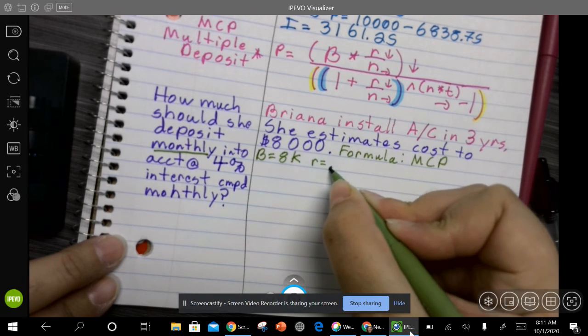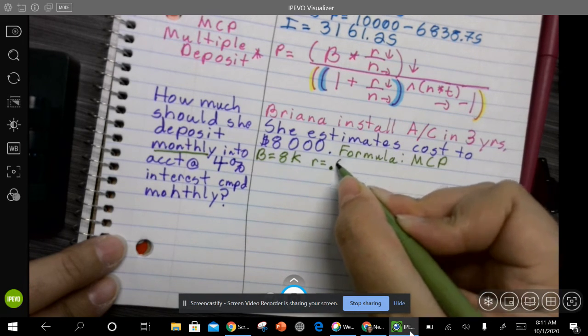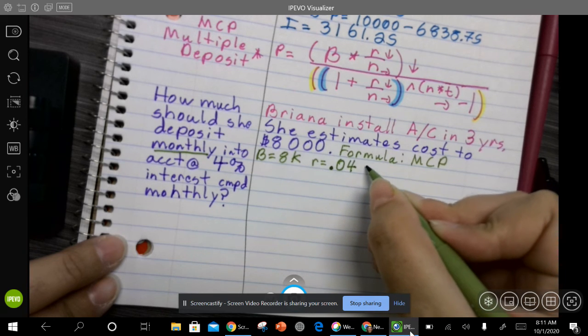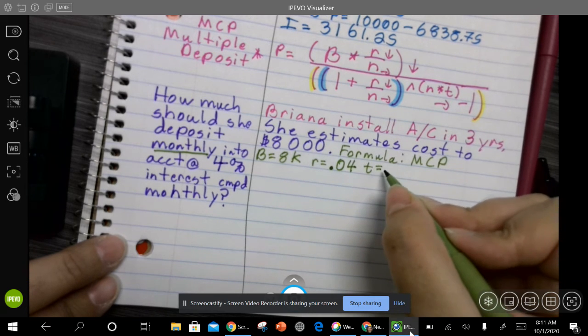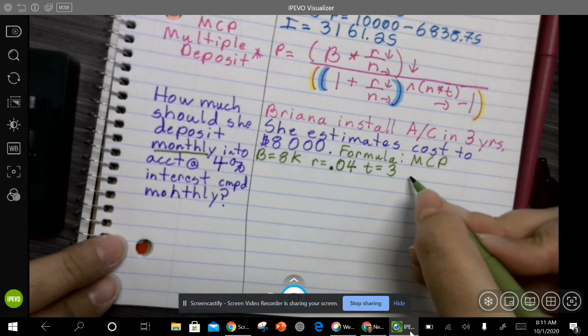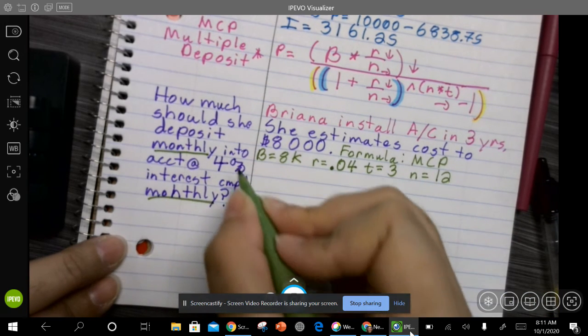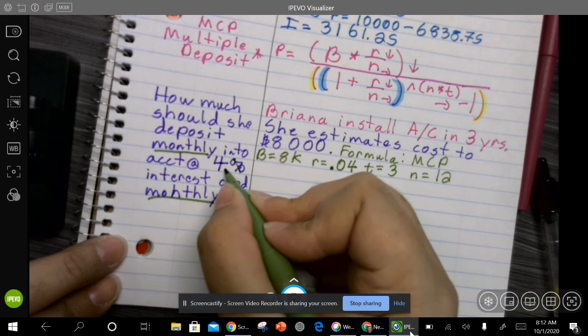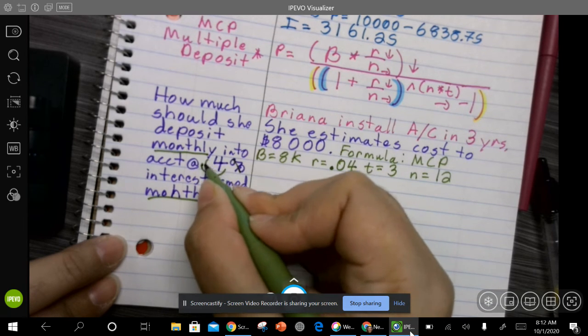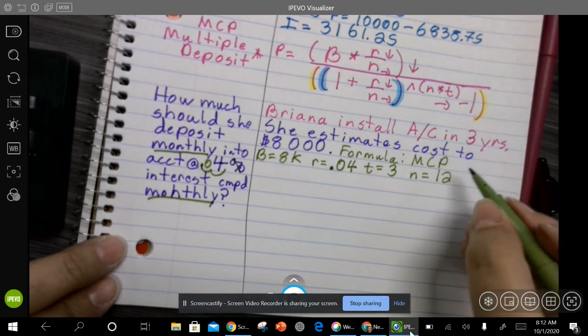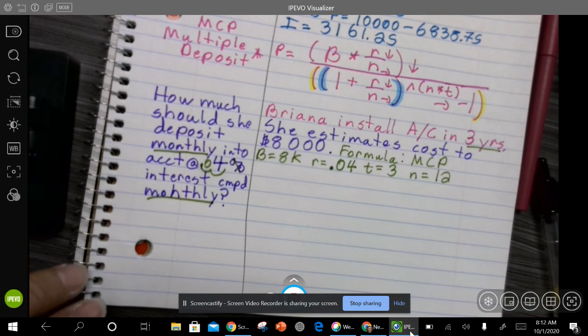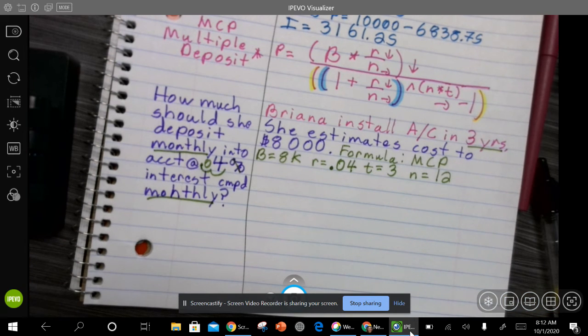Her rate is going to be 4% as a decimal, so 0.04. The time is going to be 3 years. It's compounded monthly, 4%, drop the percent sign, go to the left, okay. So 3 years was her time. Okay, so we identified all the variables. Now we can put that all back in this formula.